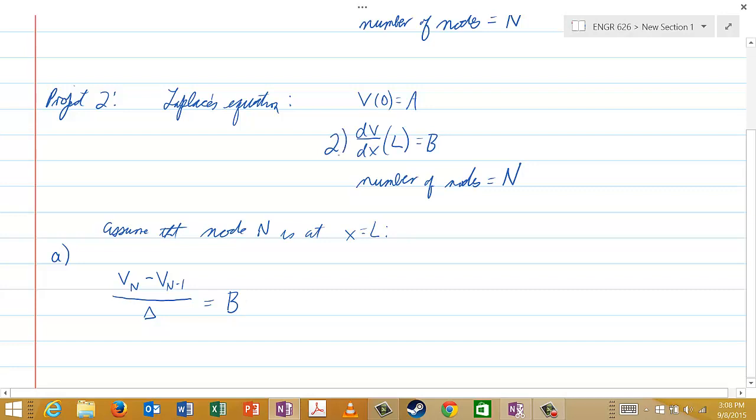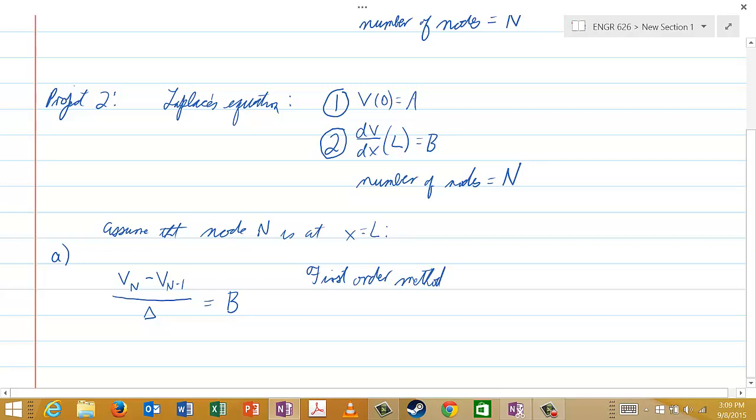I'll call this 2 and 1. We've already discussed how to implement the first boundary condition, but we'll call this the first order method.